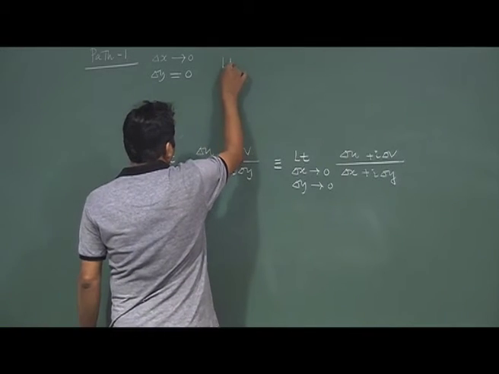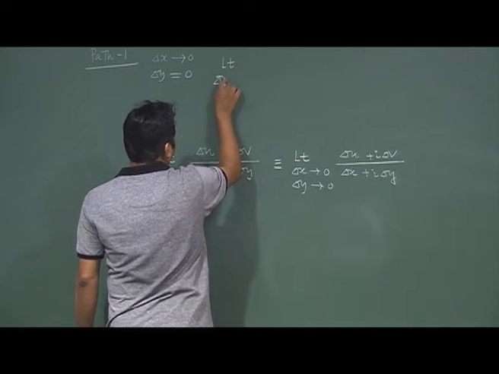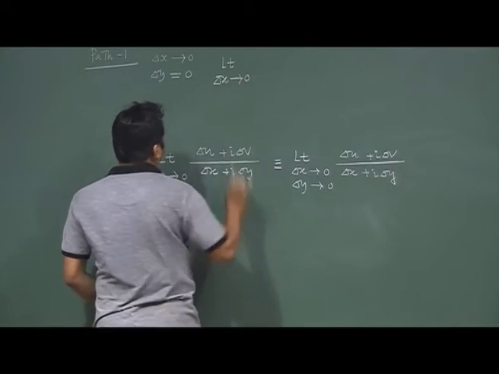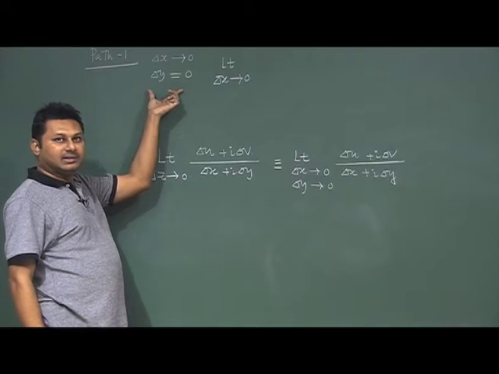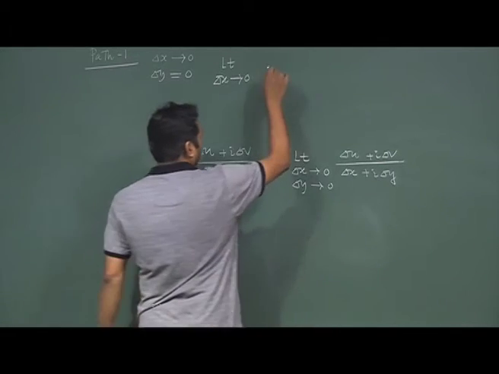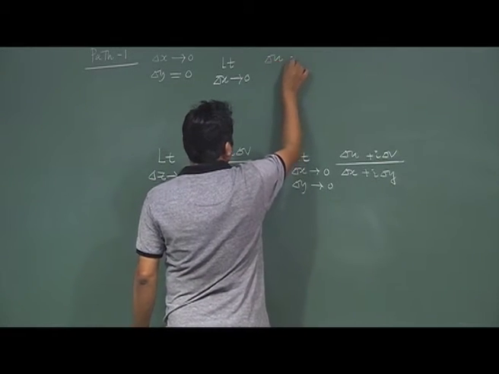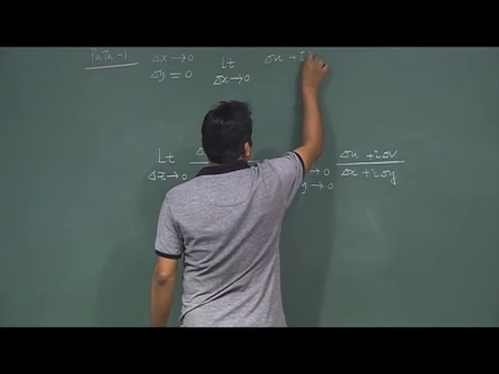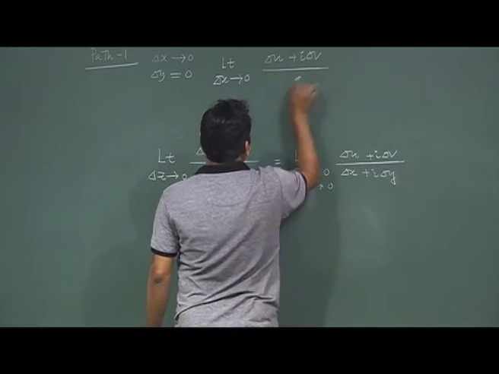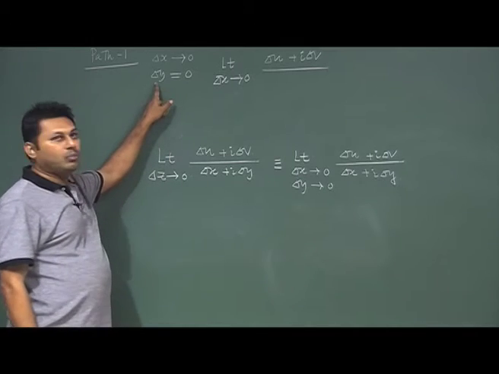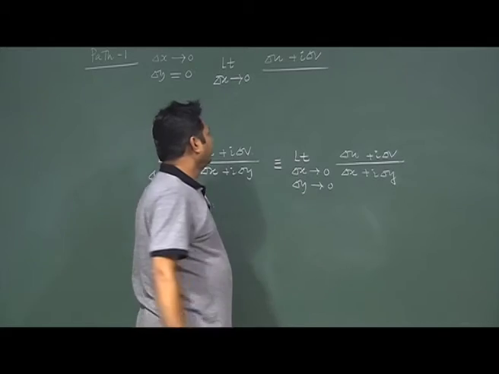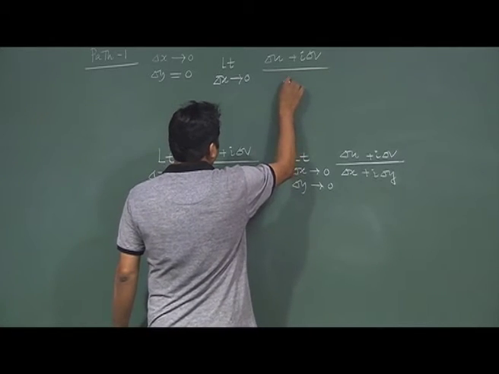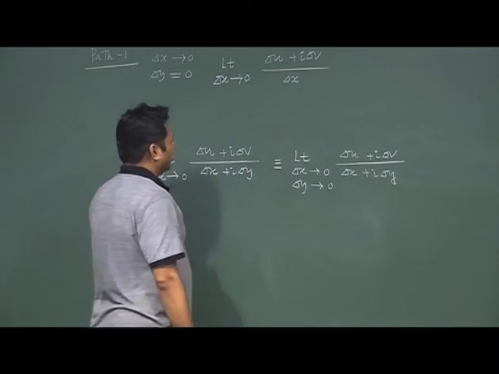Then my limit will be only over delta x, because I am saying that delta x tends to 0, but delta y is 0. So, then delta u plus i delta v divided by, since delta y is 0, here there will be no delta y at all. So, I will have only delta x in my hand.